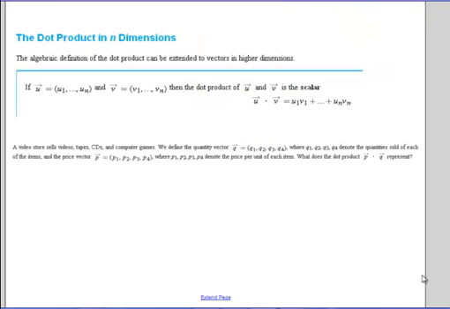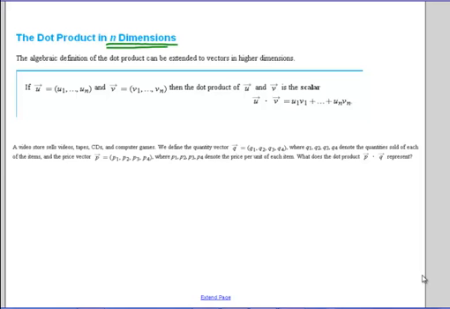Okay, while it's easy to think about the dot product in 2 or 3 dimensions because we can think about the angle between them, we can also think about the dot product in n dimensions.